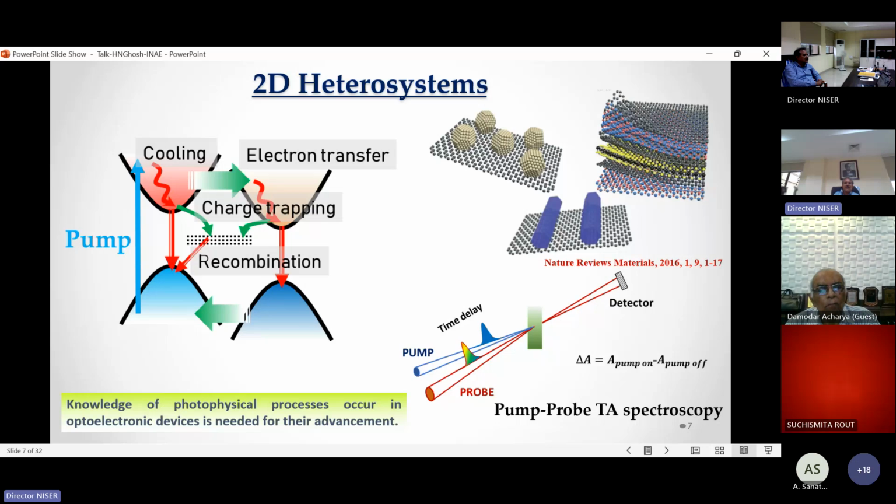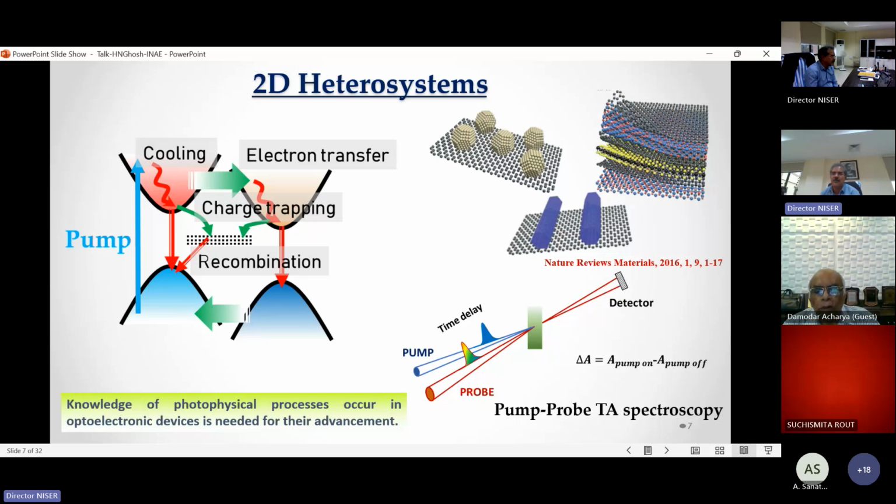So we came up with the idea of a hetero system, one semiconductor and another semiconductor. I have shown how the electron transfer process, charge trapping, recombination, and defect states can all be seen, and these processes can be observed by pump probe spectroscopy.